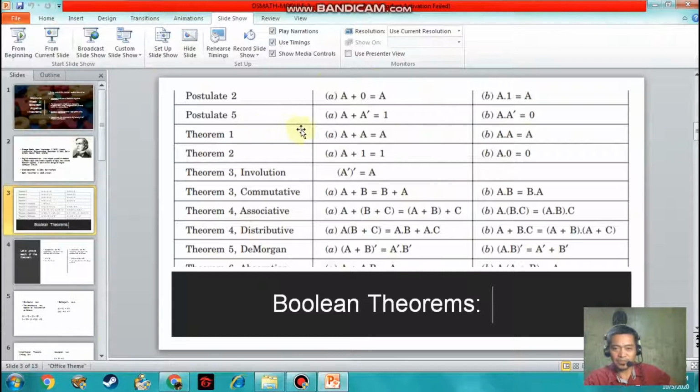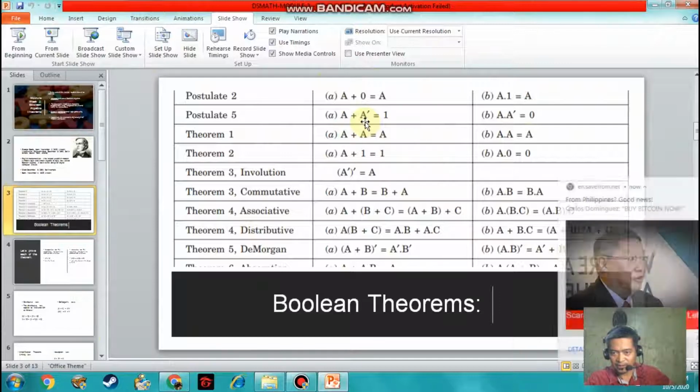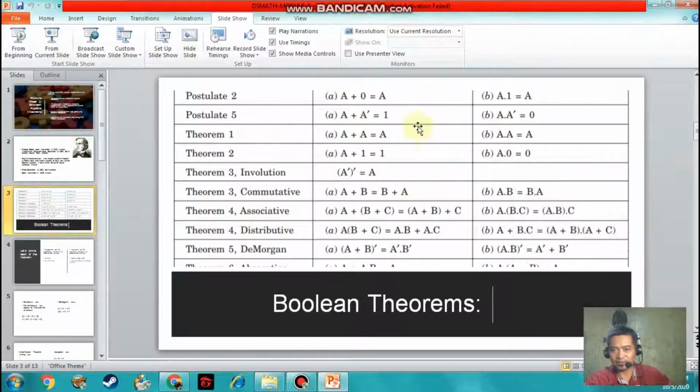Ayan. Postulate 5. Any variable that will be OR'd to its complement, meaning ng complement is baliktarin mo ang value. That's complement. So, for example, if A is 1 plus kabaliktaran ng 1, 0.